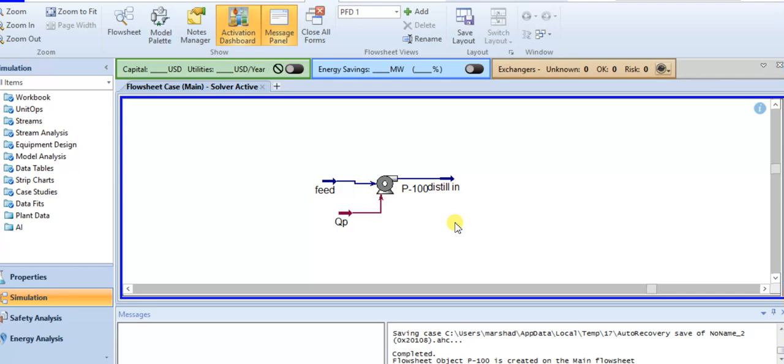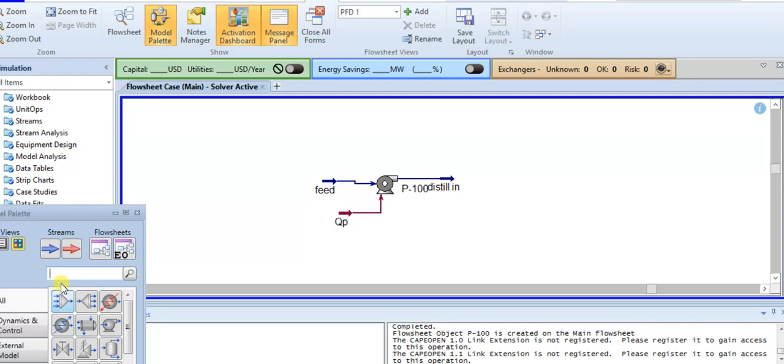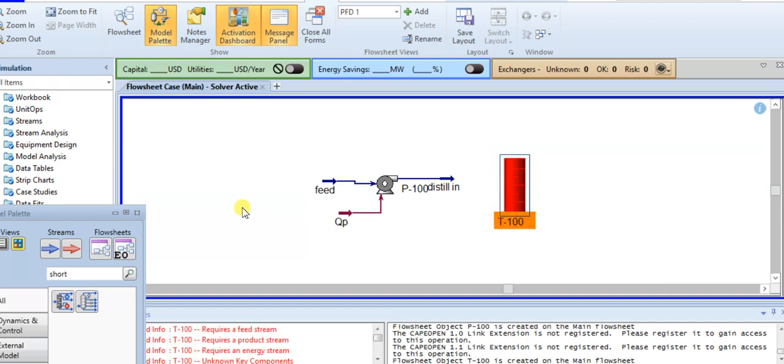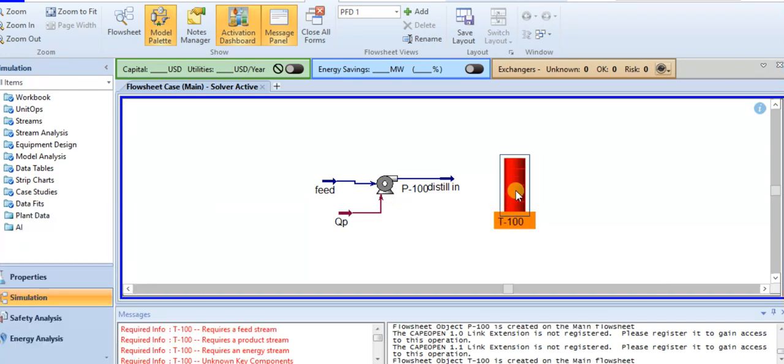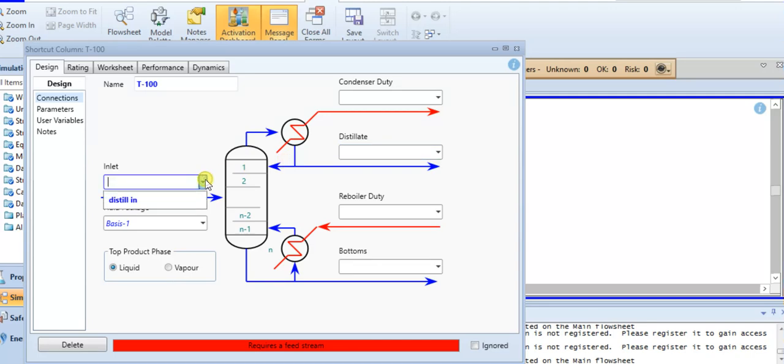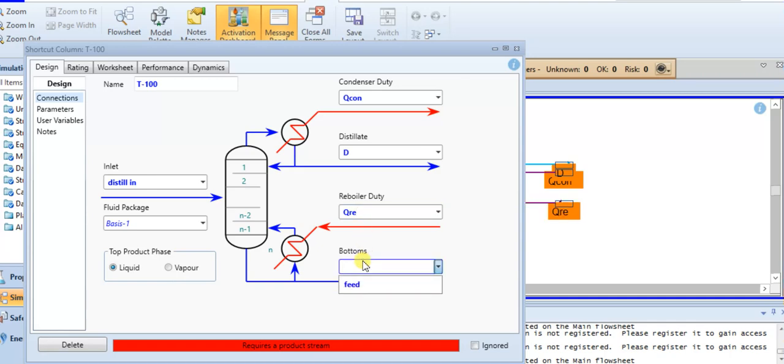So the distillation column, shortcut: inlet is this one, condenser duty Q, condenser, distillate is D, reboiler duty Q, reboiler, bottom is B, unknown key component.